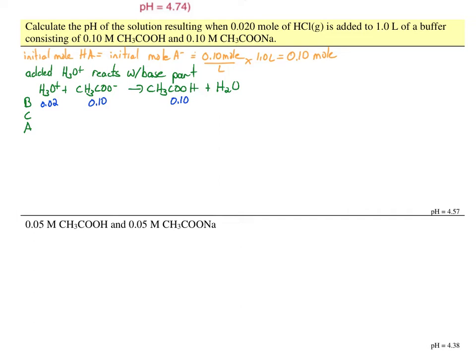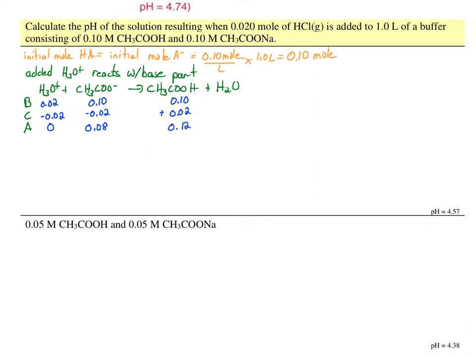We add the H3O+, it reacts with the buffer, and there's enough of the base component to consume all of our added acid, but we also lose some of our base, and we gain that same amount of our conjugate acid. So now our amounts are 0.08 moles of our base and 0.12 moles of our conjugate acid.